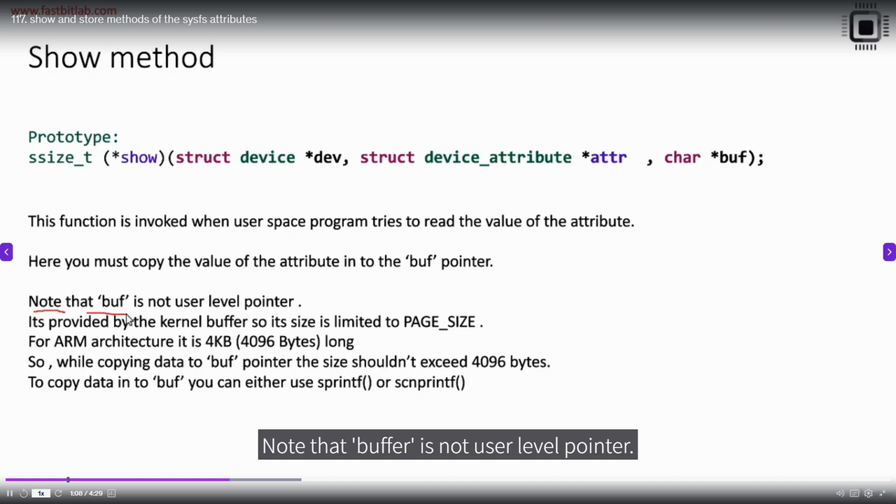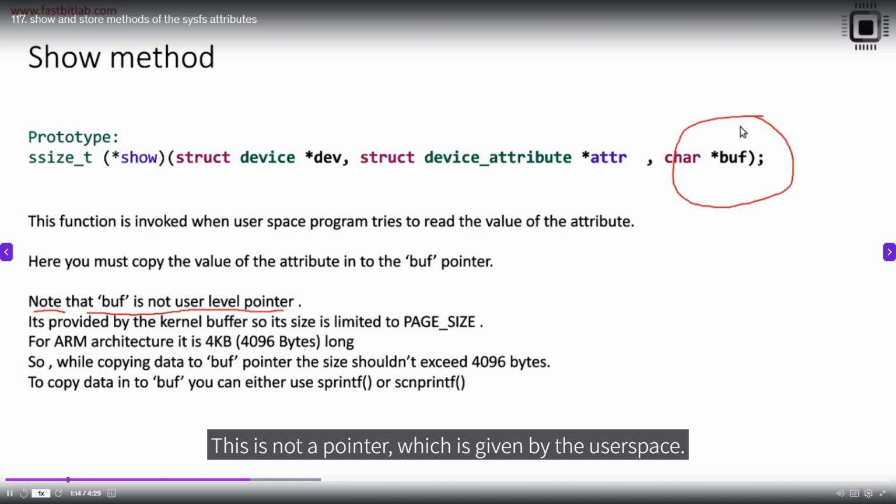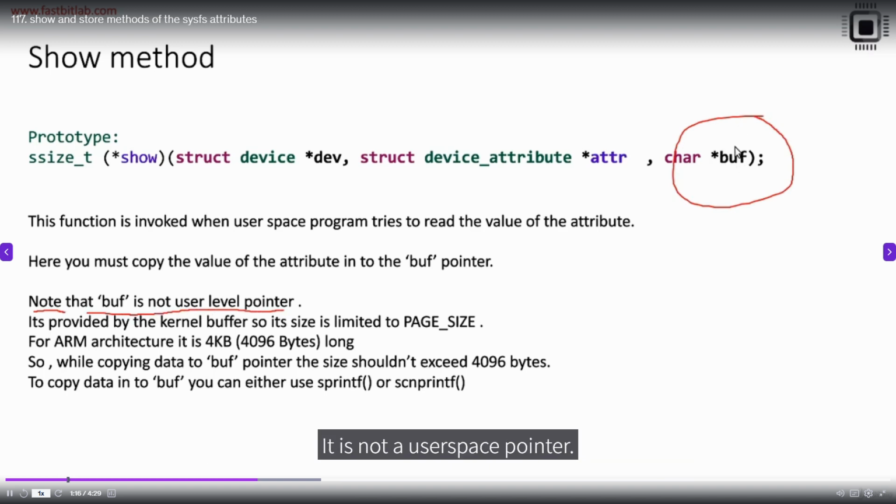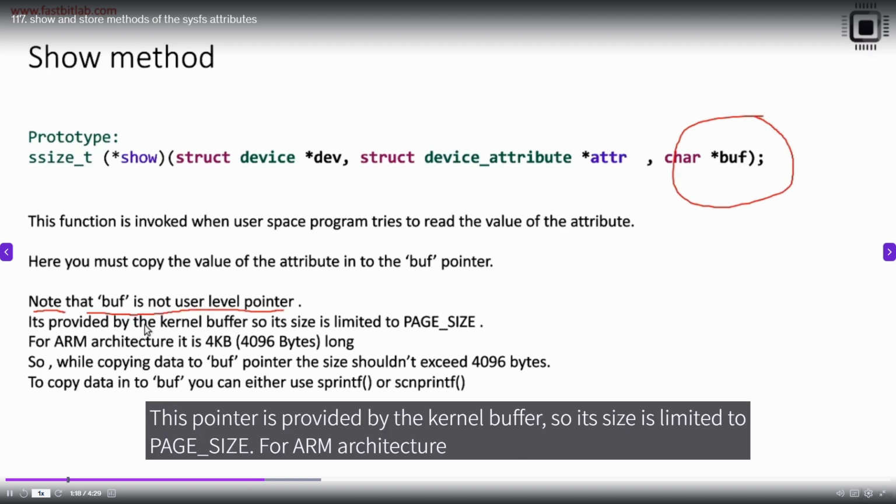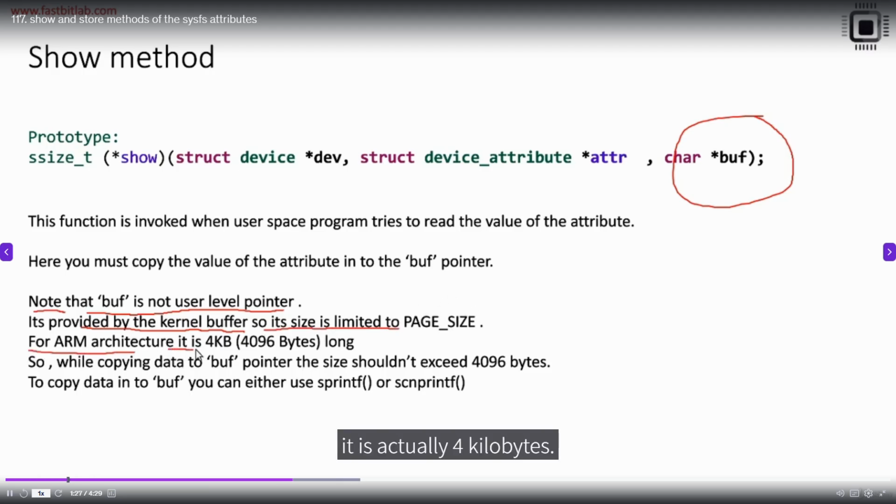Note that the buffer is not a user level pointer. This is not a pointer which is given by the user space. It is not a user space pointer. This pointer is provided by the kernel, so its size is limited to page size. For ARM architecture, it is actually 4 kilobytes, that is 4096 bytes long, this buffer.